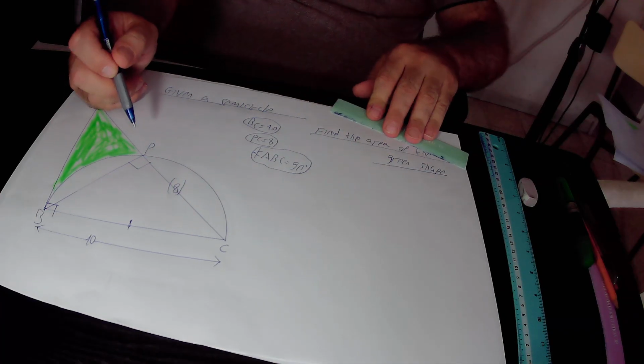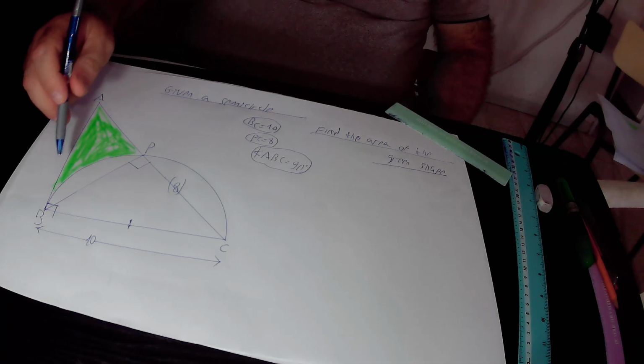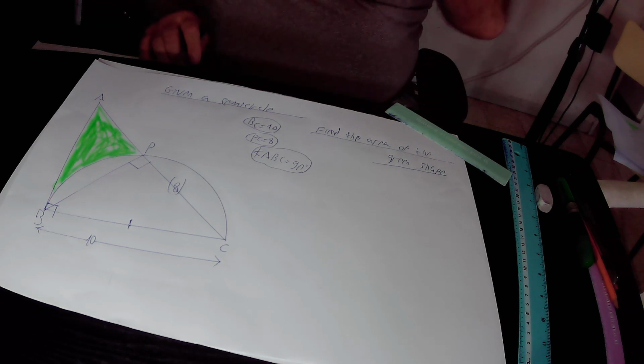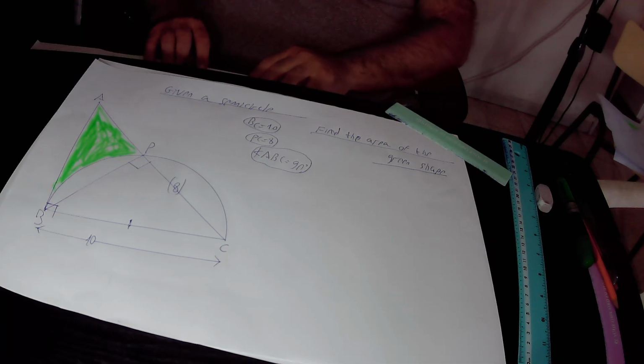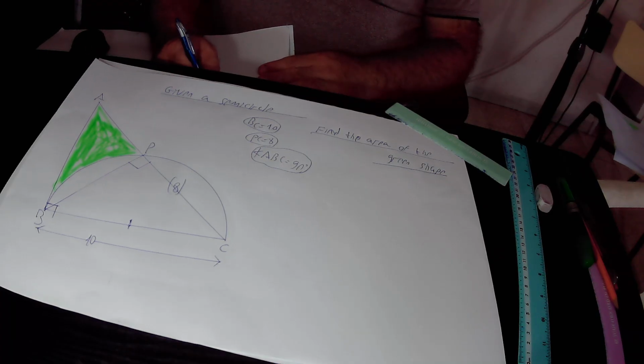In the next step, we will implement the Pythagoras theorem on the right triangle BPC. According to the Pythagoras theorem, in a right triangle, the square of the hypotenuse equals the sum of the squares of the perpendiculars. Here PT is the abbreviation for Pythagoras theorem.